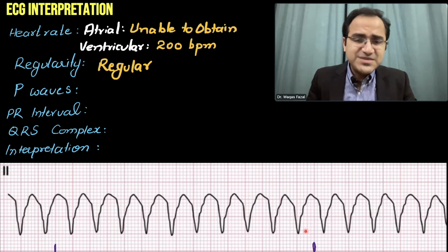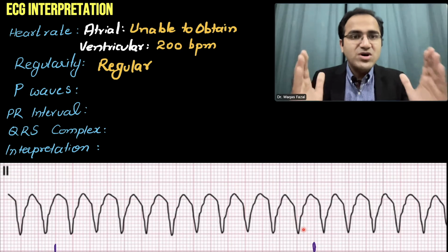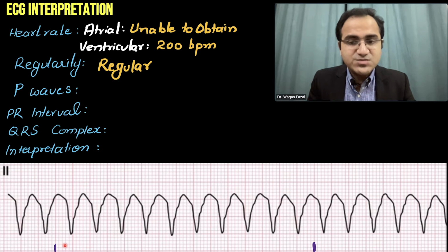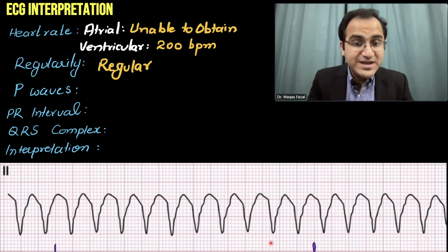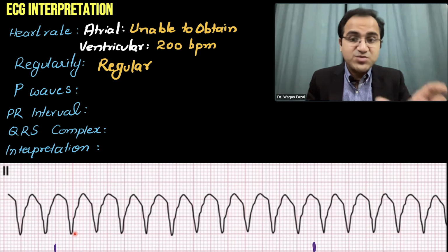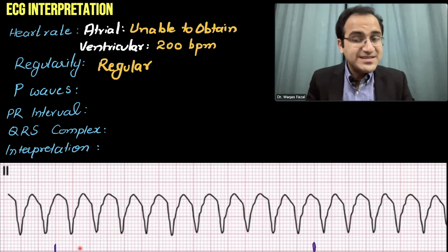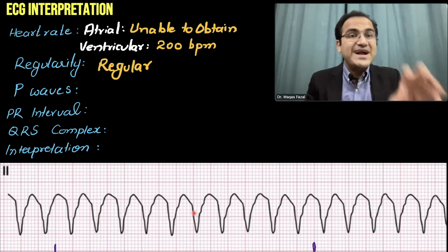Now, in the 6-second method, basically what we do is count 30 large boxes. Since we have a short strip over here, we will count 15 large boxes, and in those 15 large boxes, we will count the number of QRS complexes present. Then, since we have taken 15 large boxes, we will multiply the number of QRS complexes by 2.